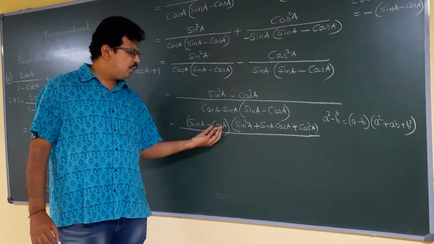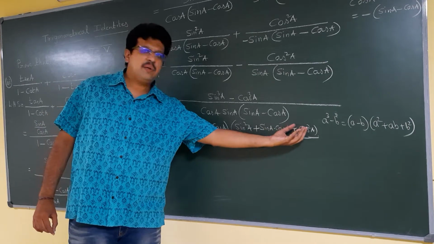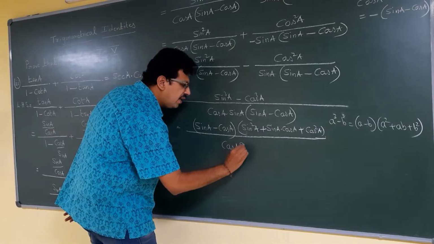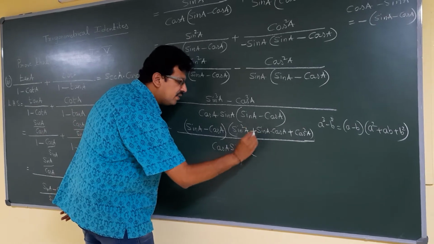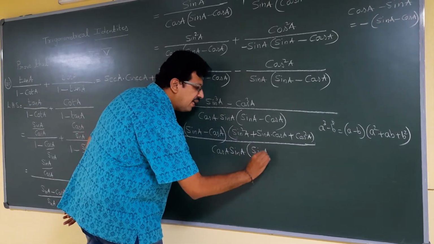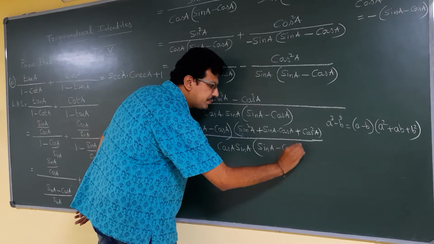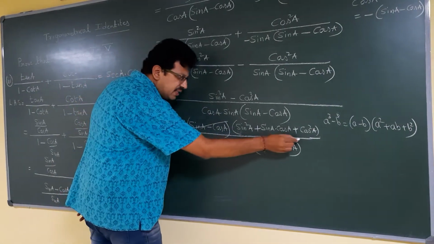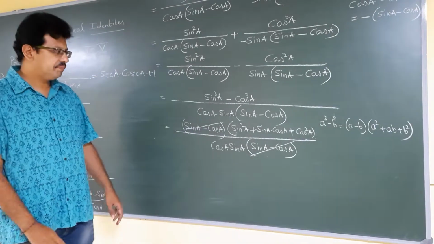That is a minus b, a square plus ab plus b square, divided by cos A into sin A, and this is going to be as it is, sin A minus cos A. And you can observe, children, sin A minus cos A, sin A minus cos A will get cancelled.